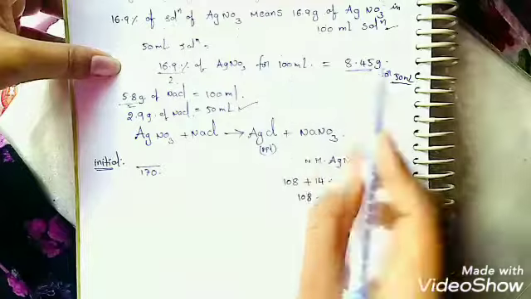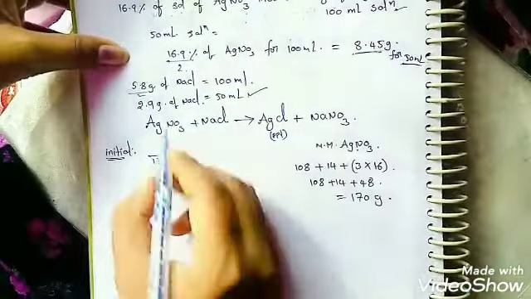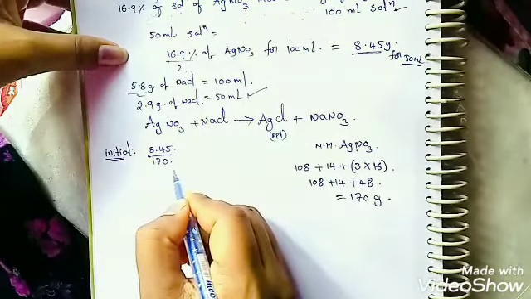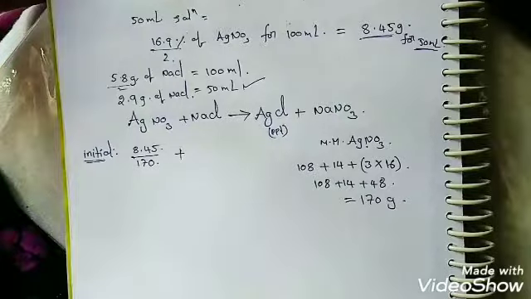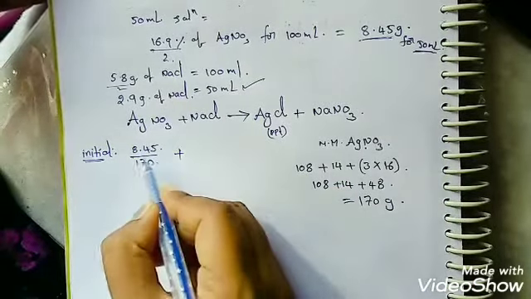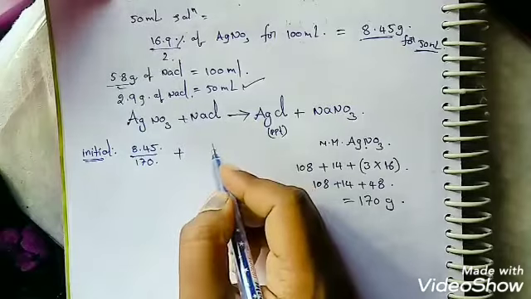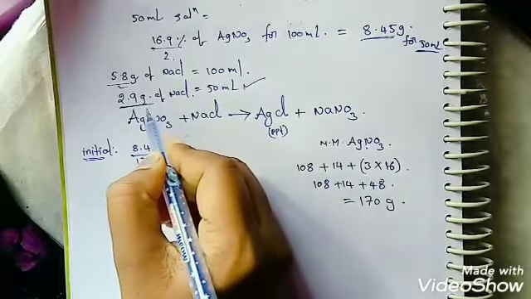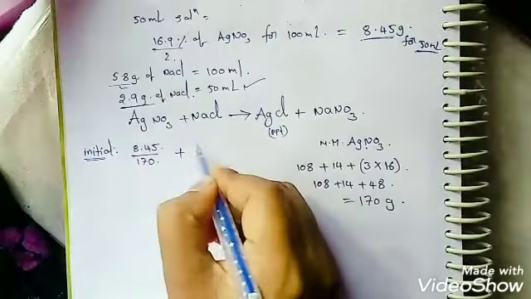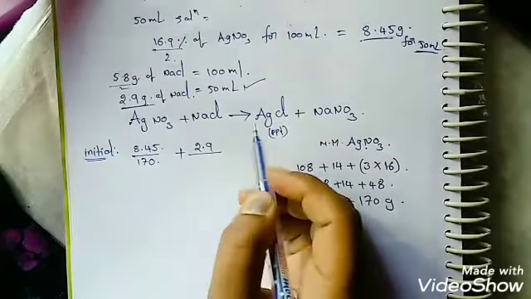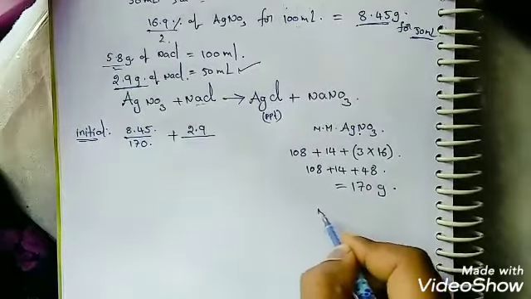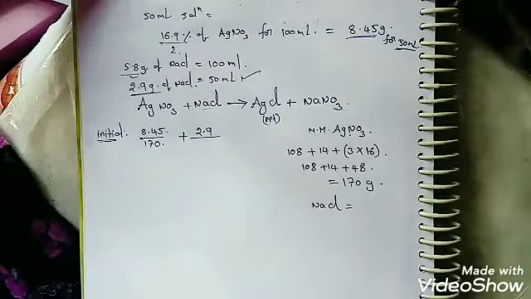In the calculation we got that 16.9% AgNO3 for 50 ml is 8.45 grams, so we take 8.45 by 170. Similarly for NaCl, we calculated 2.9 grams for 50 ml, so we take 2.9 divided by the molecular mass of NaCl.